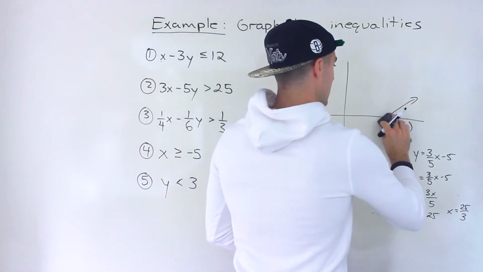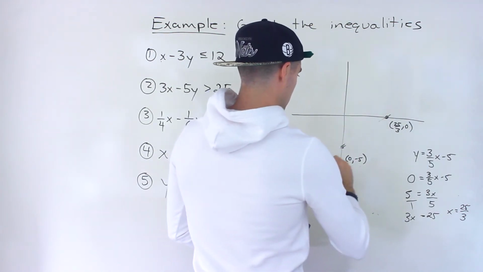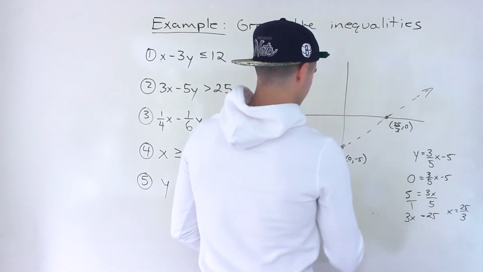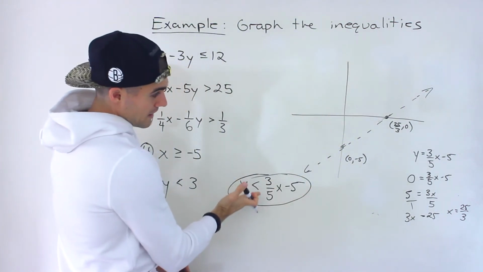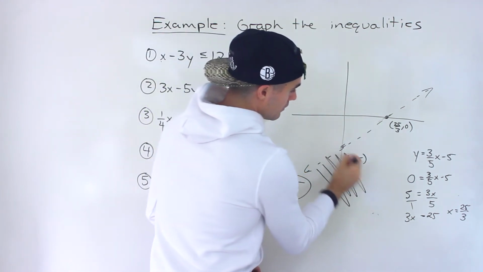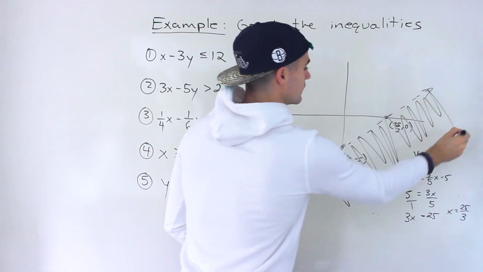And so for this line, what we want to do is draw a dotted line to represent that line. And it's all the y values less than this line. So basically, it would be this region under the line over here.